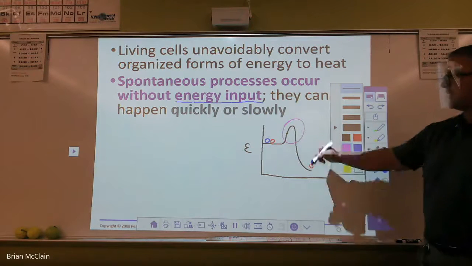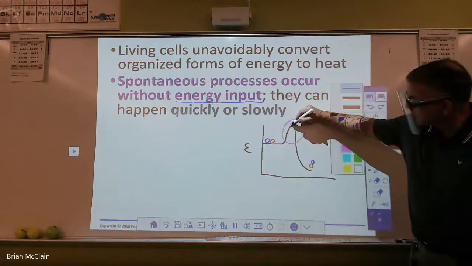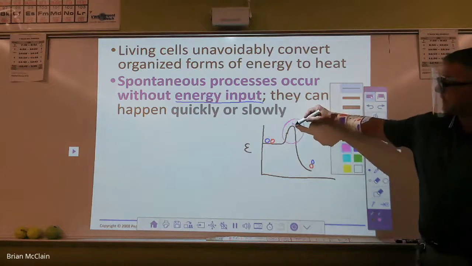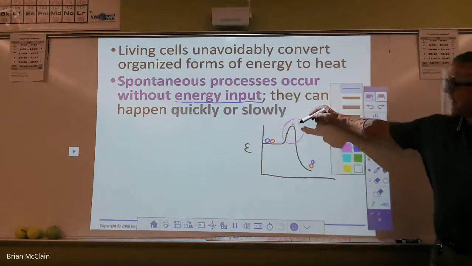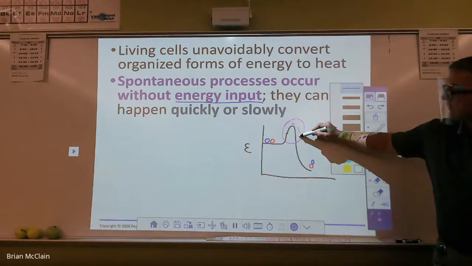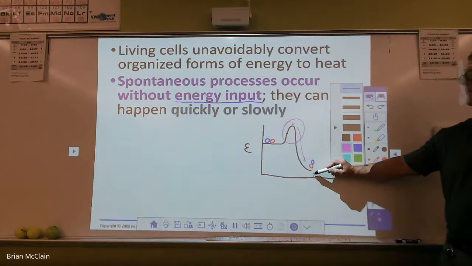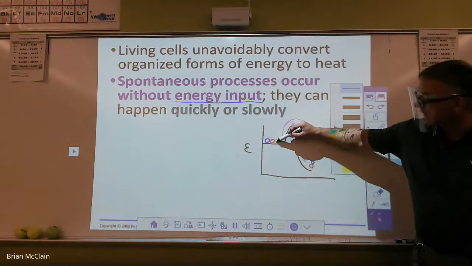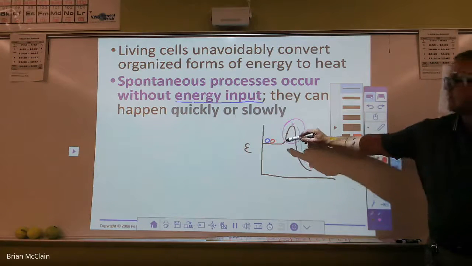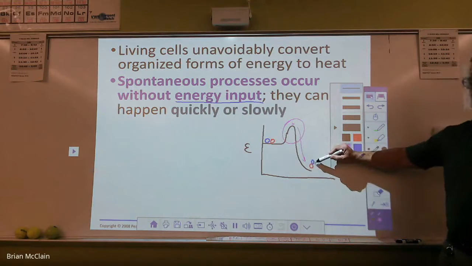So let me change this up. If I started right here and if this represented a ramp and I had a ball up here, I wouldn't have to invest any energy to get it to go down that ramp. If I went from this point to this point, I wouldn't have a net investment of energy.